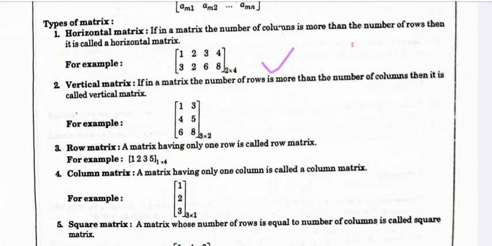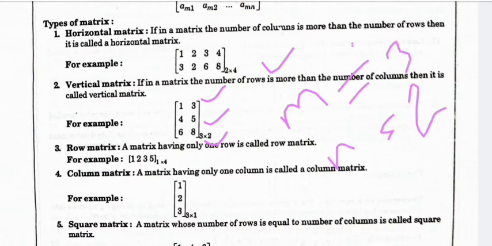For example, here 1, 2, 4, 5 and 6, 8 is a vertical matrix, where m, that is the row, equals 3 and n, that is the column, equals 2. So here rows are more than columns, hence it is called a vertical matrix.